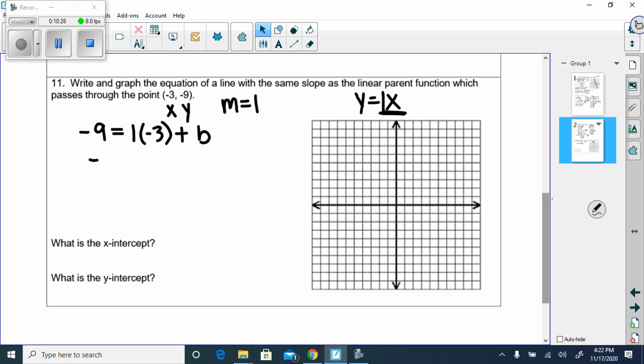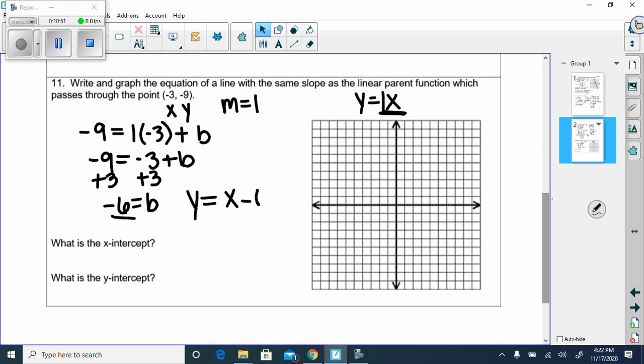So I would have -9 equals 1 times -3, which is -3 plus b. And then to get b by itself, I would add 3. So I end up with -6 equals b. So my equation would be y equals, my slope is 1, so 1x or just x, and then my b is -6.